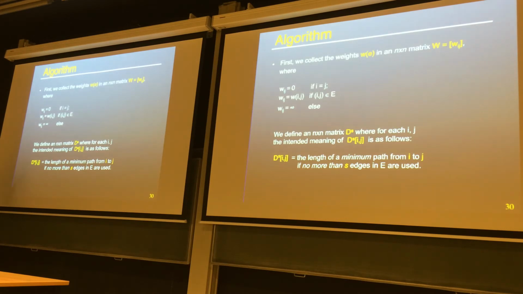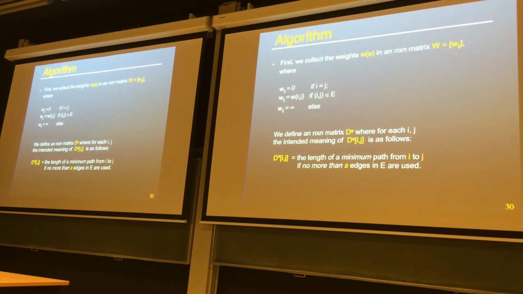Well, then you should, of course, be able now to construct D^0_ij. Well, that's very simple. All elements on the diagonal should have, of course, distance 0. And all elements off the diagonal should have an infinite length. Yeah.